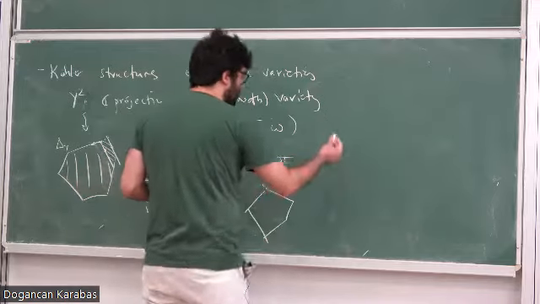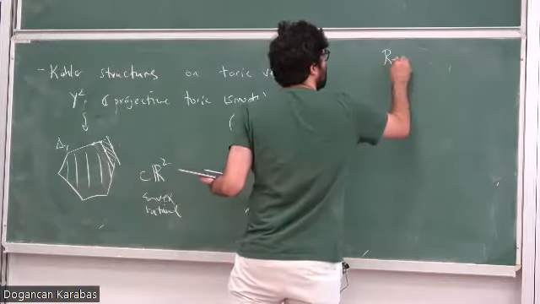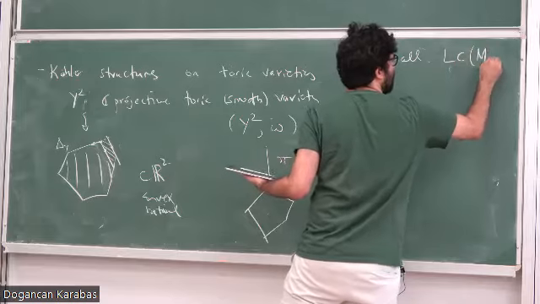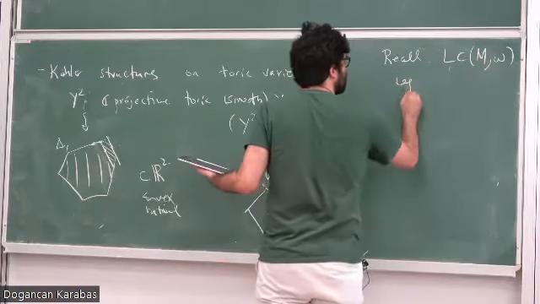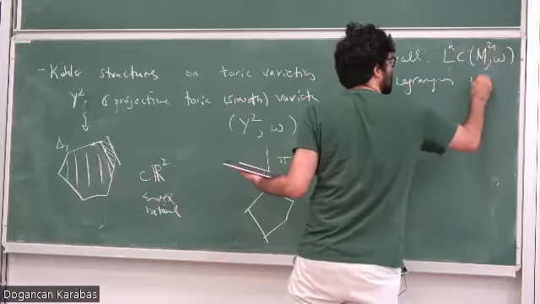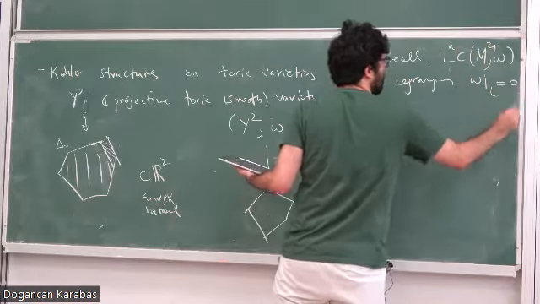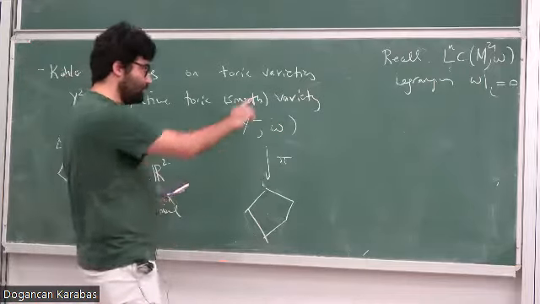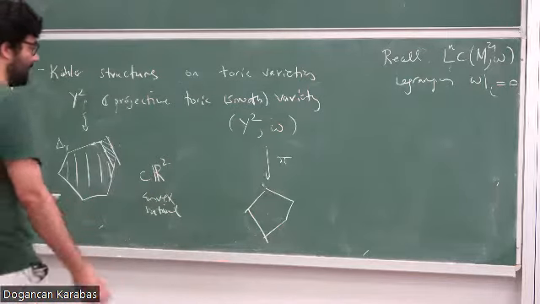So what does it mean? Recall that L inside some symplectic manifold (M, omega) is called Lagrangian if it's half-dimensional and the symplectic form restricted to L vanishes. If you take any two vectors tangent to the Lagrangian, then the symplectic form pairs them to 0.